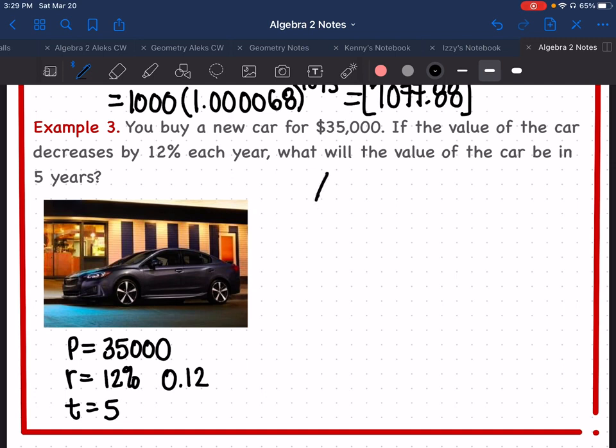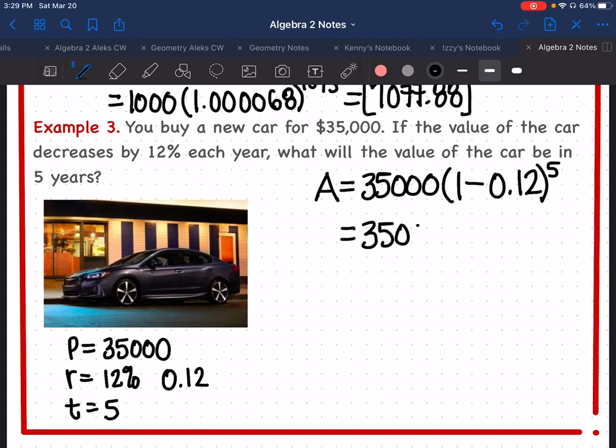So here is my problem. P is 35,000 times 1 minus my rate, because we're decaying, to my time t, which is 5. Now, what I want to show you right here, guys, is that when I subtract, I end up with 0.88.